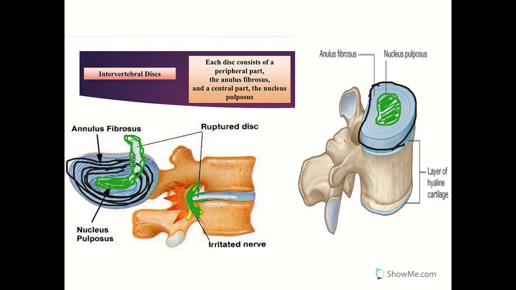This leads to the clinical picture of the ruptured or prolapsed intervertebral disc. For example, if this occurs in the sciatic nerve in the lower limb, it will cause numbness and weakness of the muscles, as you studied in the section of the lower limb.